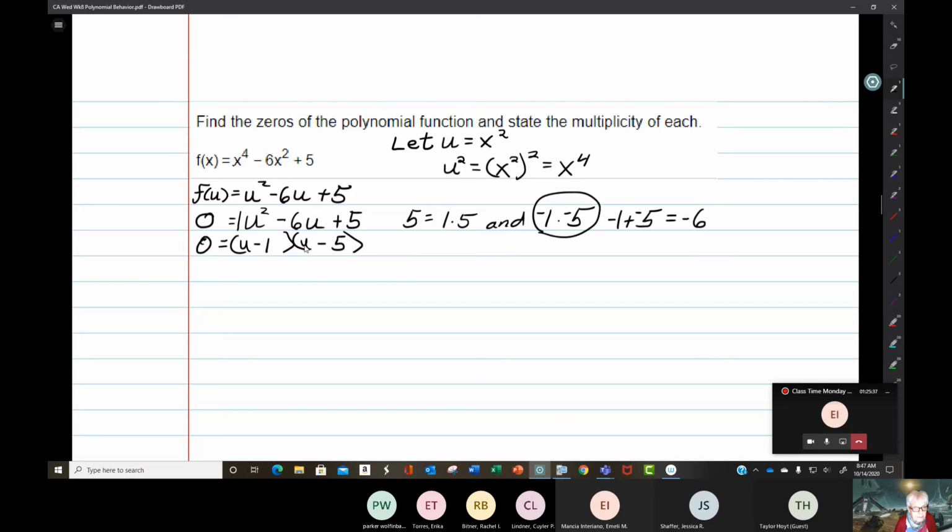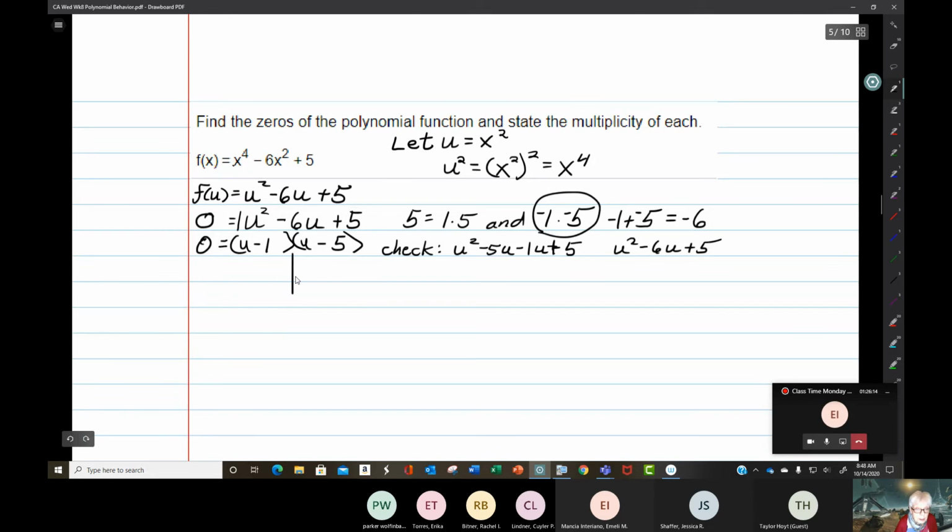Negative 1 times u is negative 1u. Negative 1 times negative 5 is 5, which, if I check this, gives me u squared minus 5u minus 1u plus 5. Negative times negative is positive. So u squared minus 6u plus 5 gives me what I started with. So that means I factored correctly.